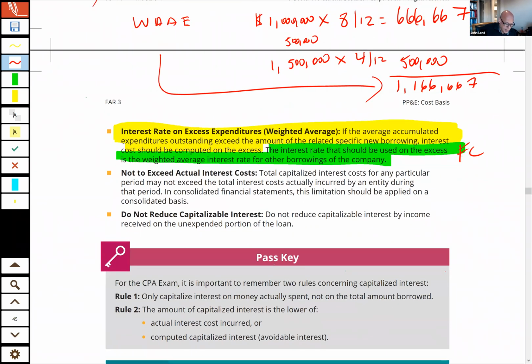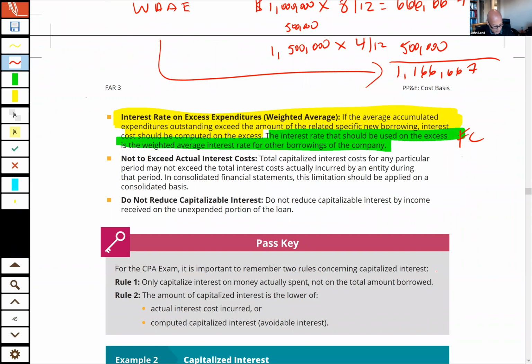Okay. I'm sorry, I said that backwards. If the weighted average of accumulated expenditure exceeds a specific borrowing, that difference, you're going to have to apply an average interest rate to all other borrowings, and you apply that to the excess. Okay. You cannot exceed the actual interest cost. You are capped at your actual interest cost. That's the most you can capitalize.